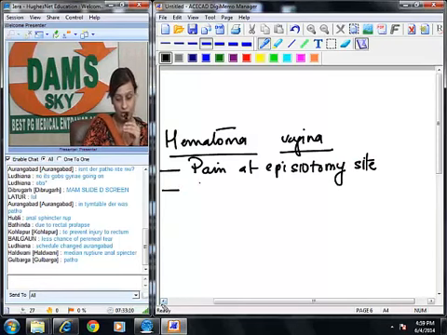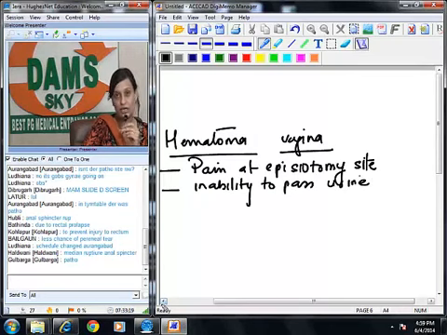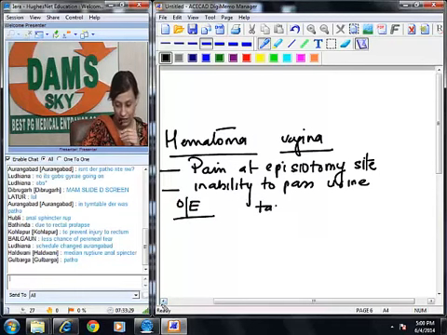Secondly, the patient is going to complain about inability to pass urine. There is extreme pain at the episiotomy site. On examination, the patient may have tachycardia.